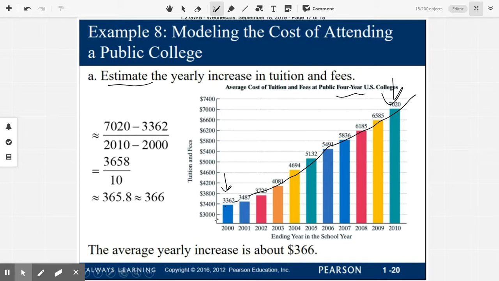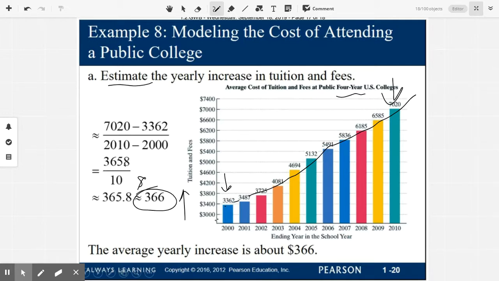How many years is that? It's from 2000 to 2010, so that's 10 years. So 3,658 divided by 10, we just move the decimal over one spot, is 365.8, so about $366. So every year, the cost of college tuition and fees is going up by about $366.